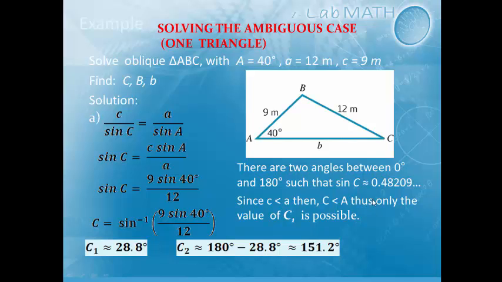But we can only use C sub 1 since that is the only value less than A. So C sub 2, which is equal to 151.2 degrees, is not possible, because that would become bigger than A.